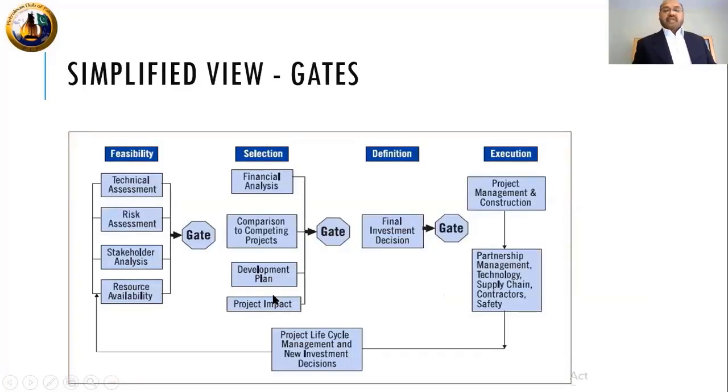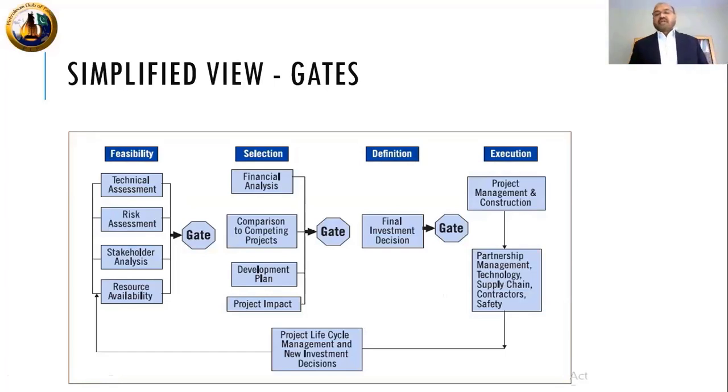So here we will just go through the simplified view of the gates that we have after the identify phase. We have the feasibility and technical assessment of the feasibility. We have just gone through the economics, and risk assessment starts from here as well.